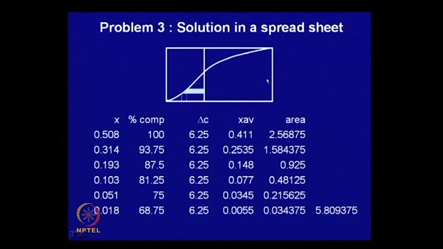Suppose this is the concentration profile, and this is the Matano interface. Now, take a small element here. Let us say this is a concentration C1 here and C2 here, and this difference is very small. In that case you can approximate the area of this by multiplying this delta C with the average value of the distance.